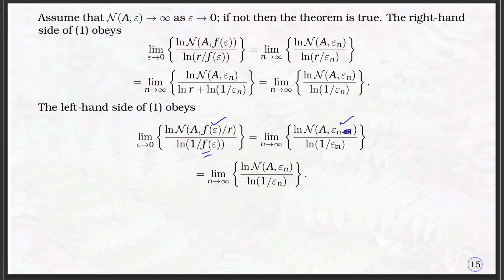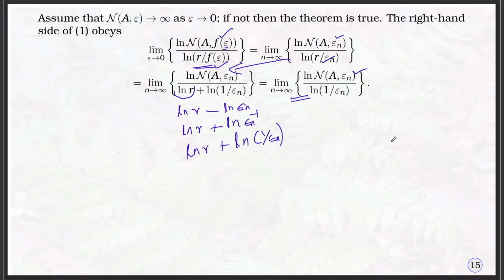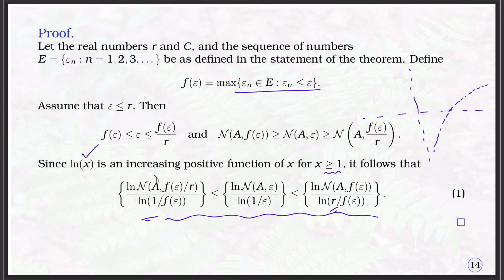Now this quantity one can write as the limit as n tends to infinity of ln of N(epsilon_n) over ln of 1 over epsilon_n. Then compare this quantity and this quantity. Here this side converges to one limit and this side converges to another limit. What is this one?